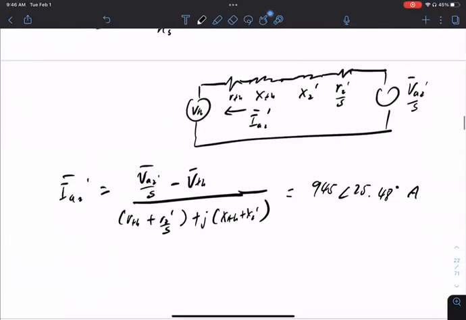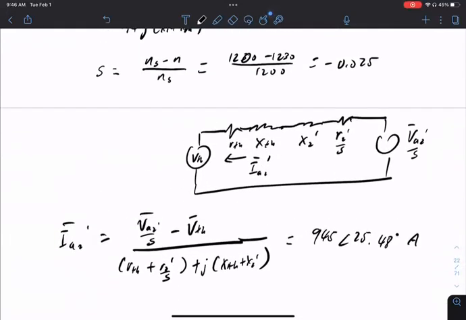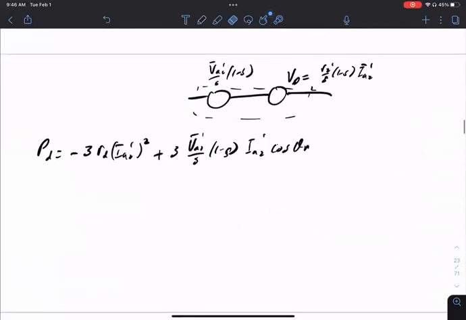You have IA2 with this angle. Right, so this is another angle here. Then what is theta R? So theta R is normally the least obvious calculation to do. Everything else is just plugging in the numbers. But how about theta R? What is this value?